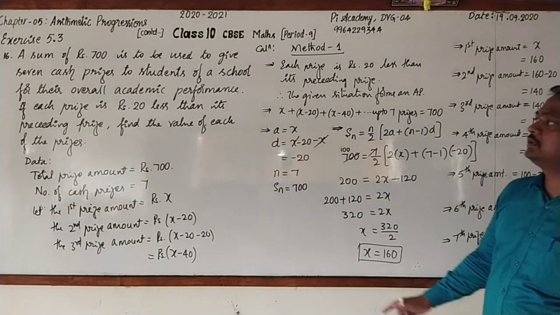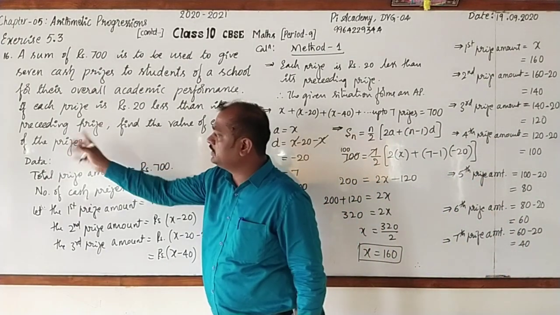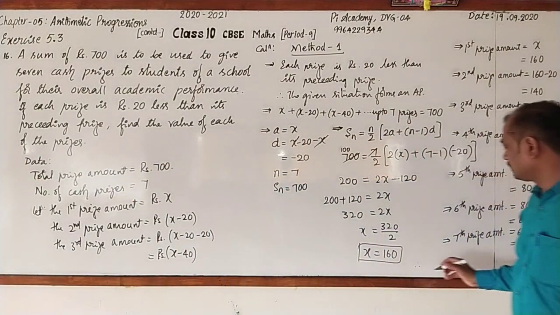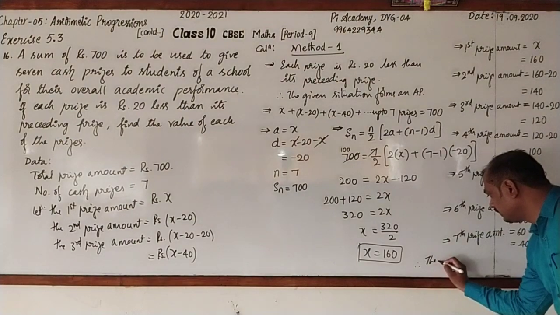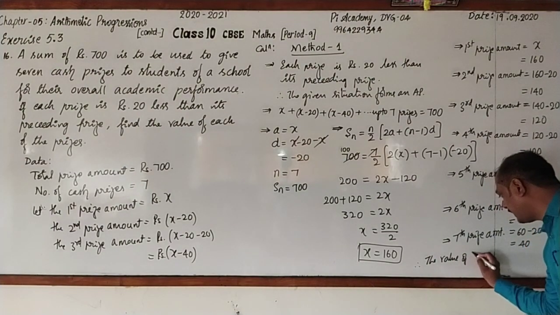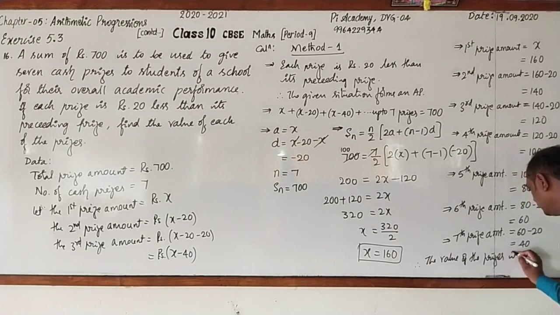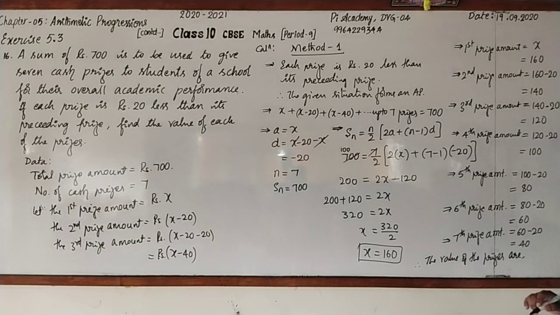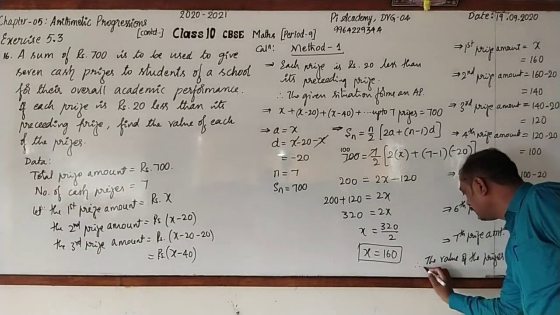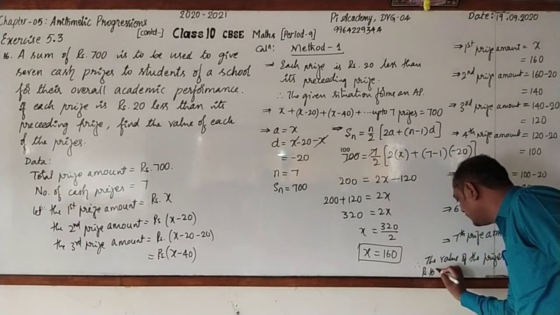See that they have asked, find the value of each of the prices. So conclusion, therefore the value of the prices are, look at it. First price amount: rupees 160.